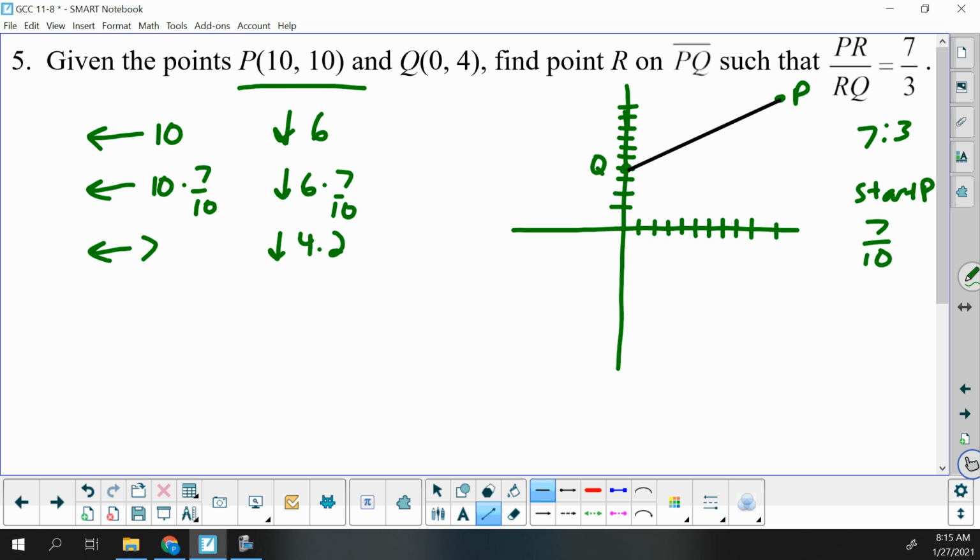So remember, we were starting at P, so we're going to have 10. We're moving left, so we're subtracting the 7, and that's going to give us 3. We were starting at P, so we had 10. We're going down, so we're subtracting 4.2, and that would give us 5.8.